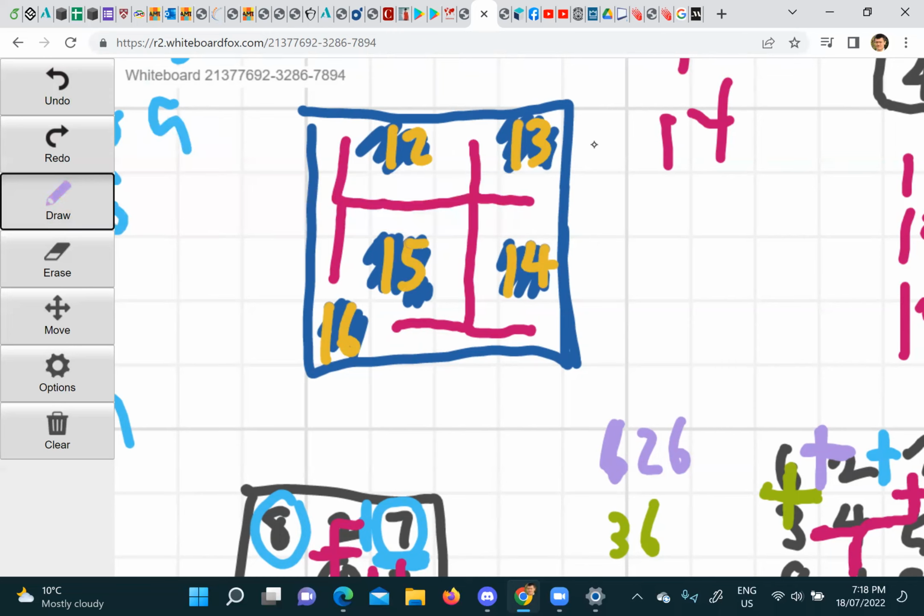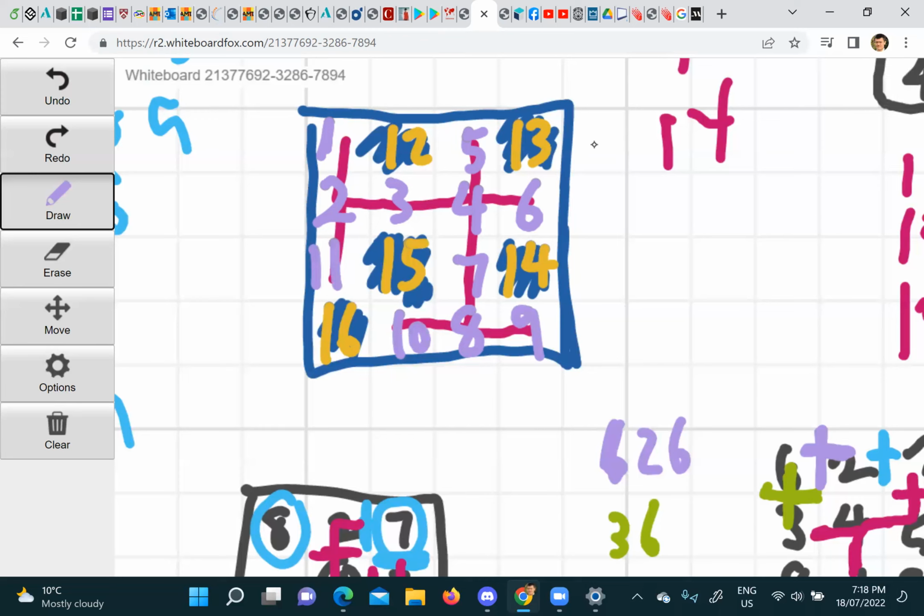Okay, and then I can put the 1 anywhere. I can put the 1 like here, yeah? And then I can pretty much do anything. I just make sure it all connects up, yeah? So 4, 5, 6, 7, 8, 9, 10, 11.